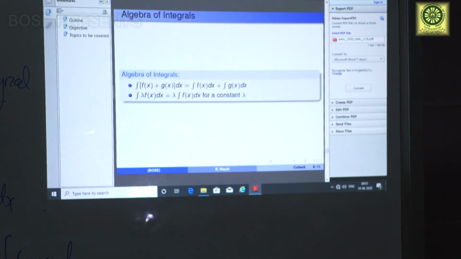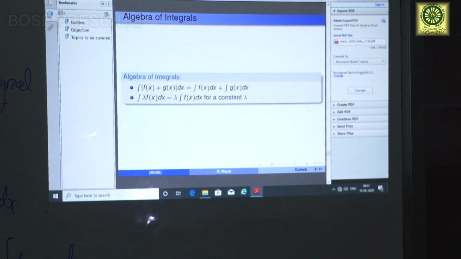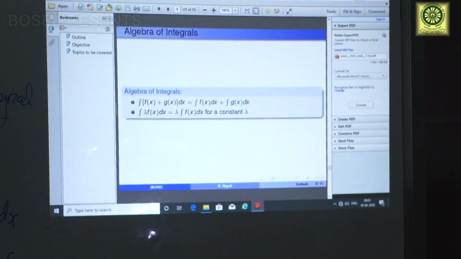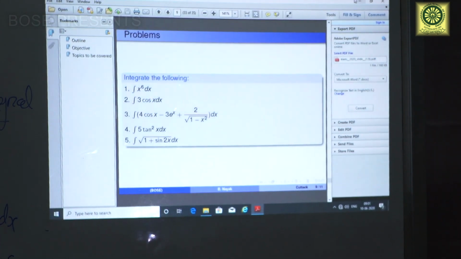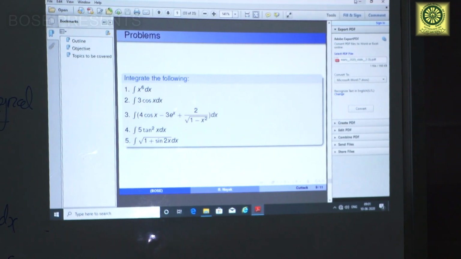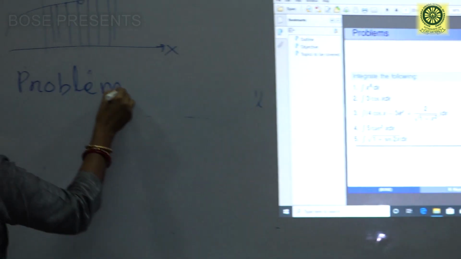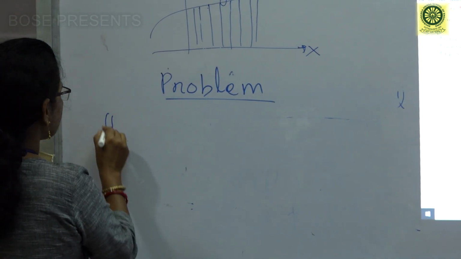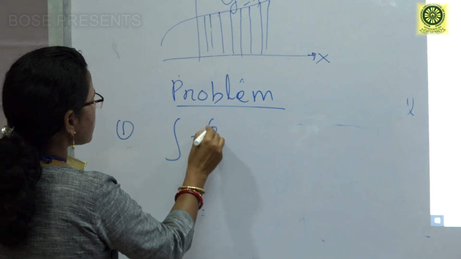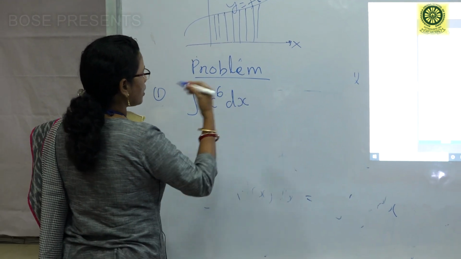Now, by using the above simple integration formulas and the algebra of integrals, let us do some problems on integration. Our first one is to integrate x to the power 6 with respect to x.